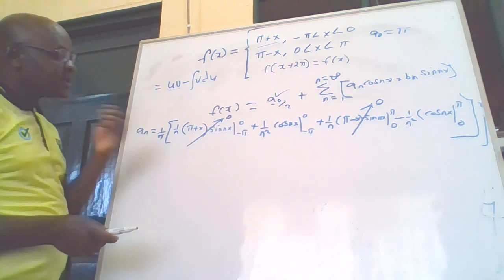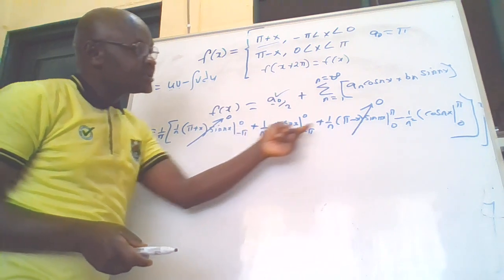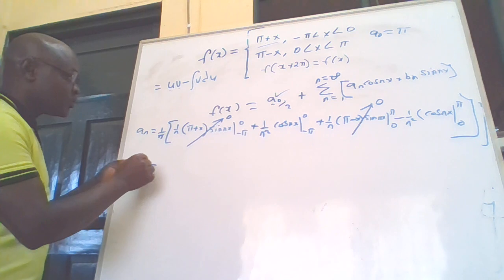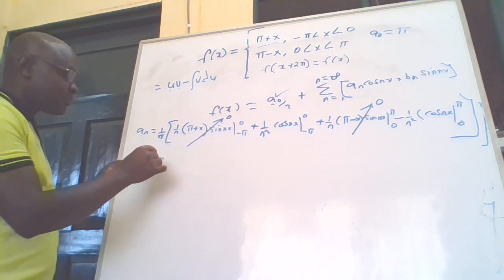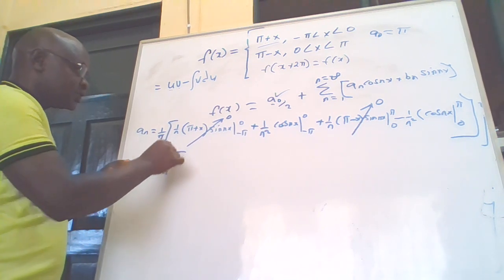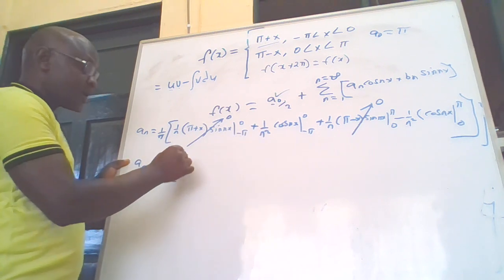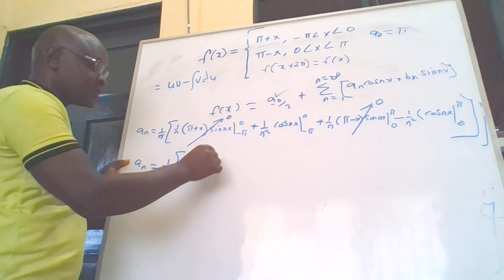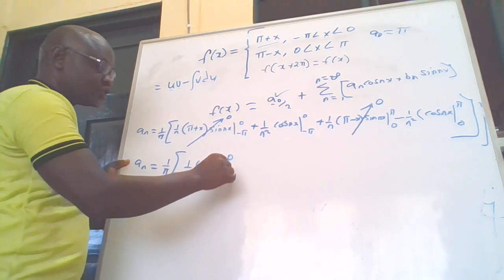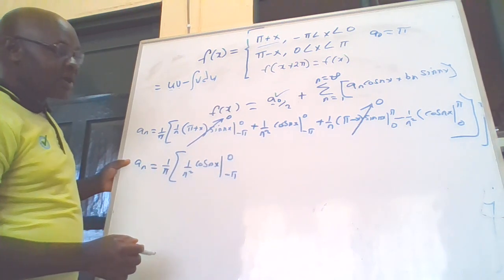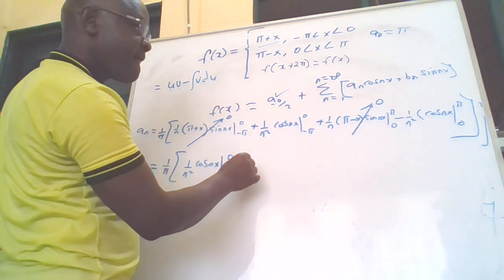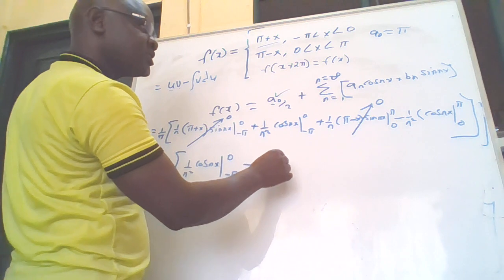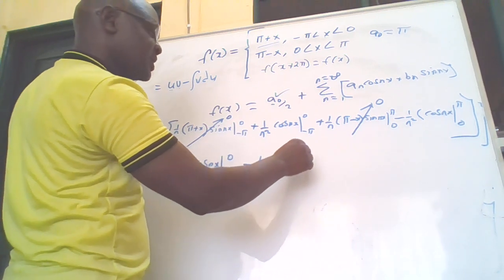Therefore, at this point, we remain with this and that, so that we have our an equals to, remember we have 1 all over pi into, now here we remain with 1 all over n squared cos nx, the given range, and then of course we have minus 1 all over n squared cos nx in that range.